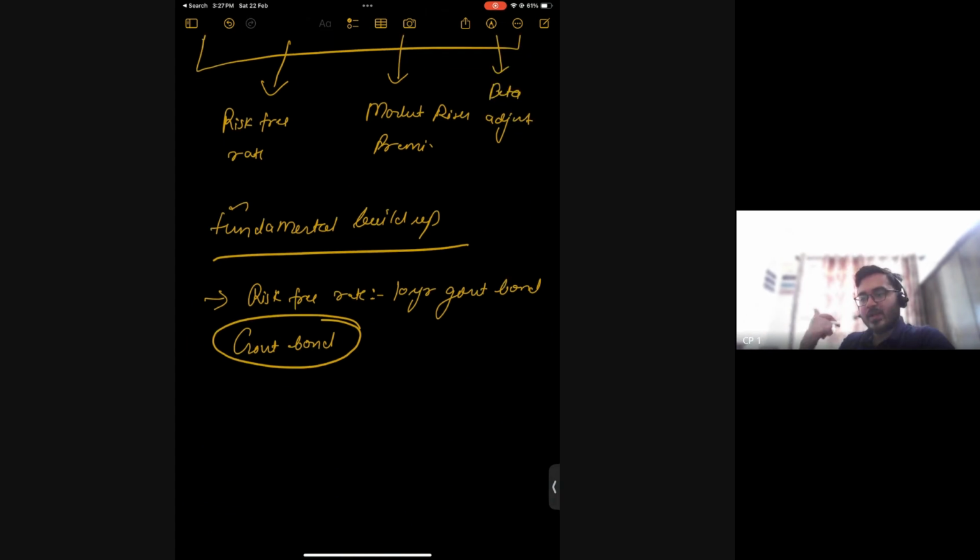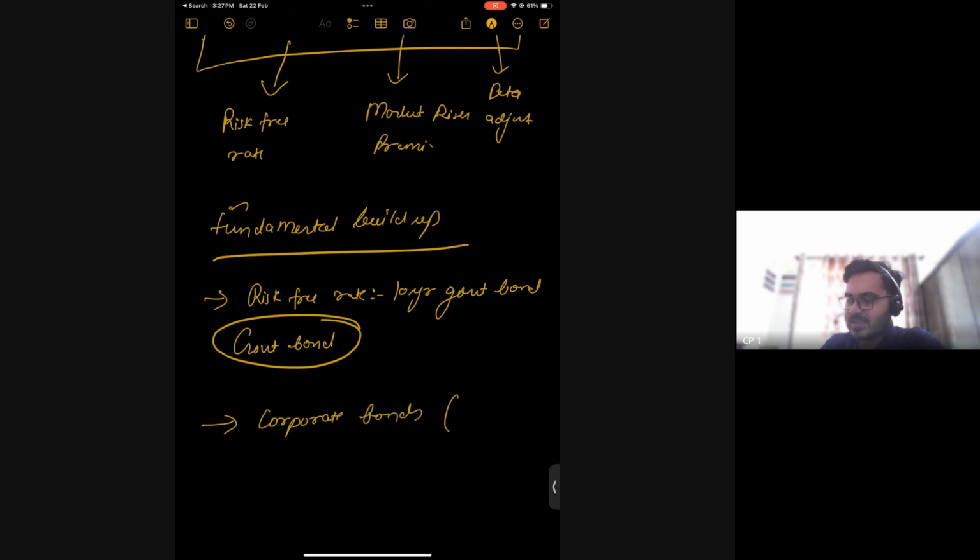Now, whenever I'm investing in something else instead of government bonds, the major reason for that investment will be to get a greater return. So why isn't everyone investing in US government bonds? Because you want a greater return than what the US government is offering. If you want slightly greater return, you might go for corporate bonds.